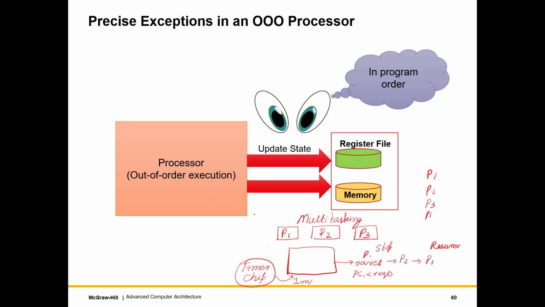And what are precise exceptions? Well, they just say that, look, for a pair of eyes outside the processor memory black box, they essentially perceive in order execution, which means that all software entities, be it the programmer, the compiler, the operating system, all of them perceive in order execution, even though inside the processor we are actually doing out of order.